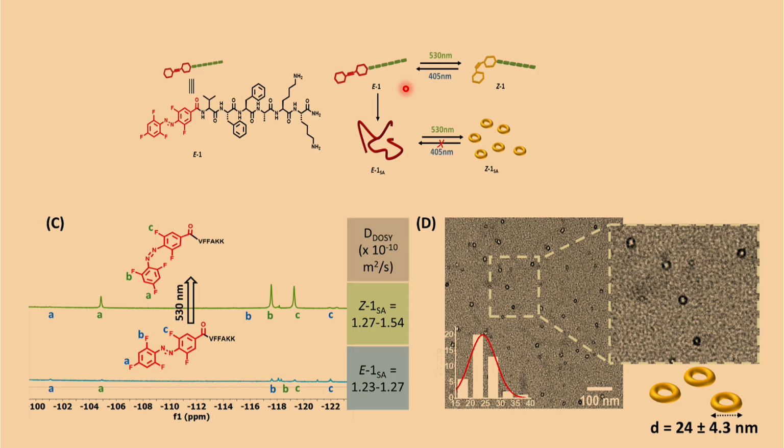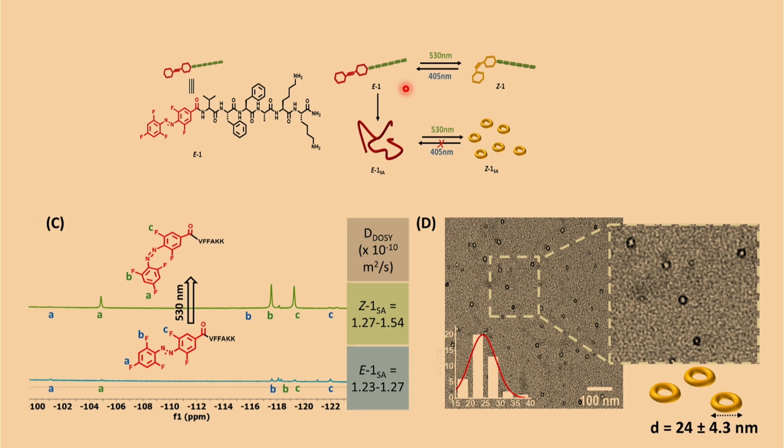You're showing that cyclic form, but is it really cyclized or is it just because there's no connection, right? Interestingly, this is a very crucial point: it depends on the history of the sample. If you take an E form of the peptides and throw them into water, they will form very nice fiber.